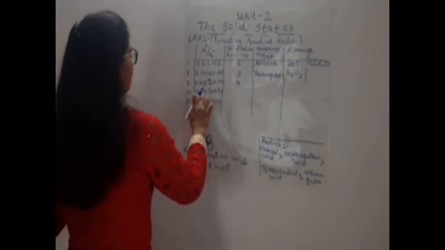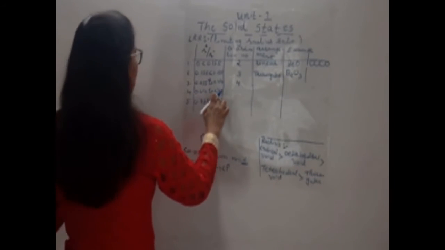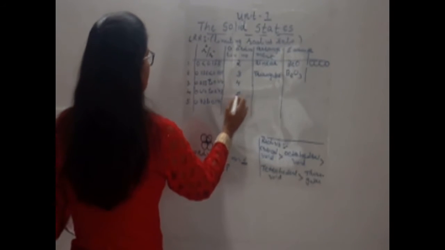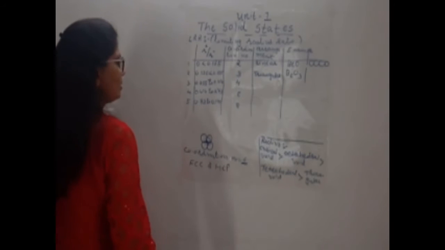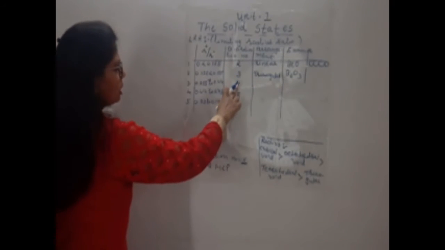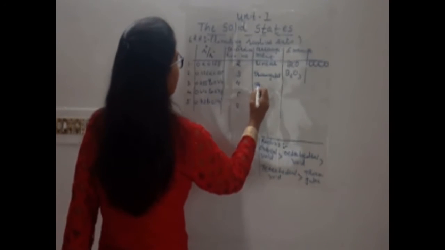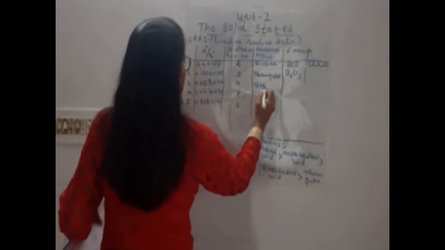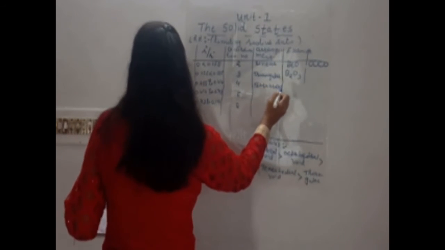So with lower limit 0.414 and higher limit 0.73, the coordination number is 6, and for the last the coordination number is 8. Where the coordination number is 4, that has the tetrahedral arrangement.